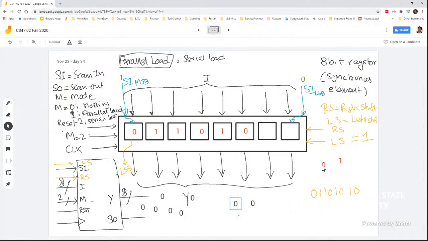So now let's talk about this shifting operation once more. Let's say this is my initial configuration. I loaded this data, parallel or serial, doesn't matter. In this special register, I can actually control what I will insert into the LSB or MSB position. Let's say I fix it to 1 and 0 respectively. And then I am trying to do a right shift.